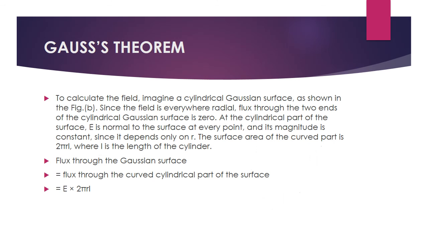Thus, flux through the Gaussian surface is equal to flux through the curved cylindrical part of the surface, which is equal to E multiplied by 2 pi rL, which is the curved surface area of the cylindrical Gaussian surface.